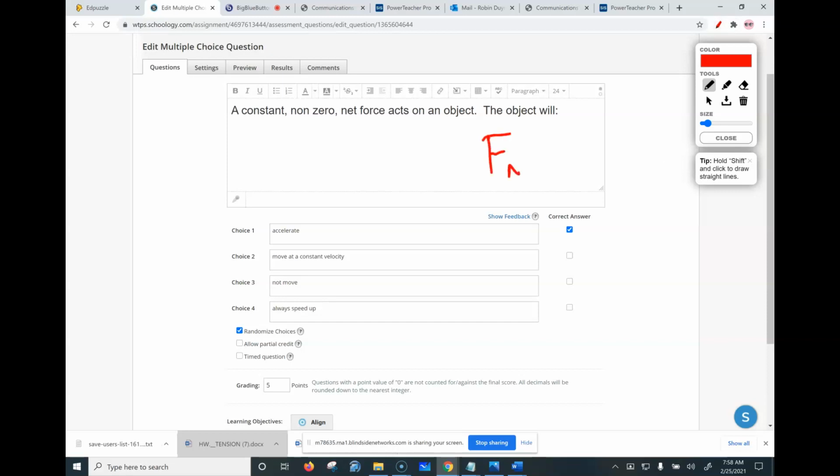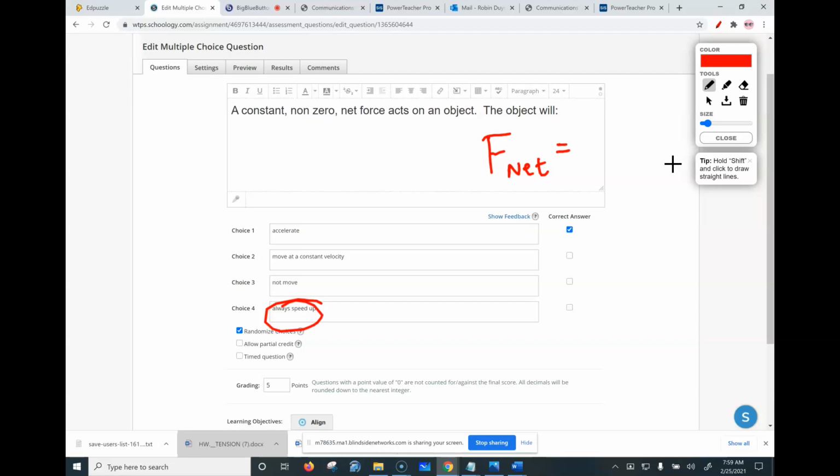We would say net force is anything at all except zero. Because if it were zero, then we wouldn't have any acceleration, right? So if it's non-zero, it could be a positive force, could be a negative net force. So it's not always going to speed up.